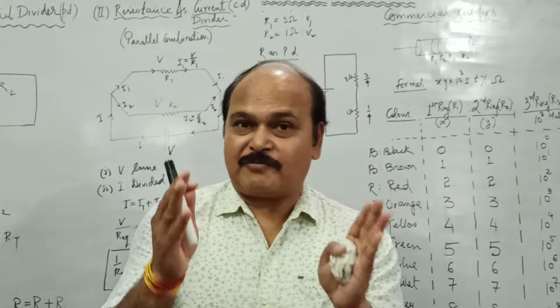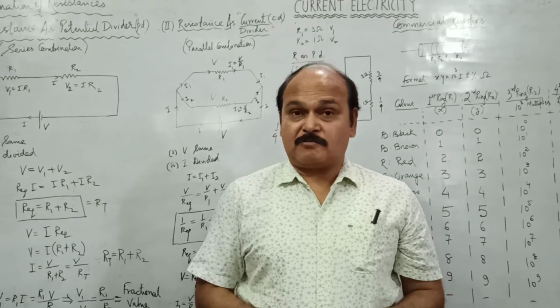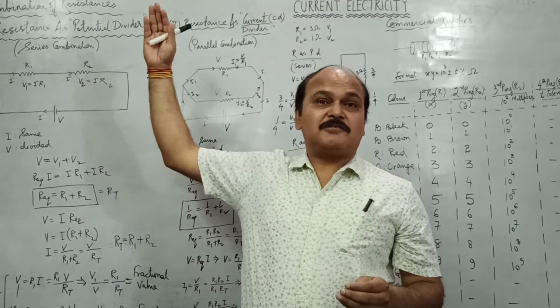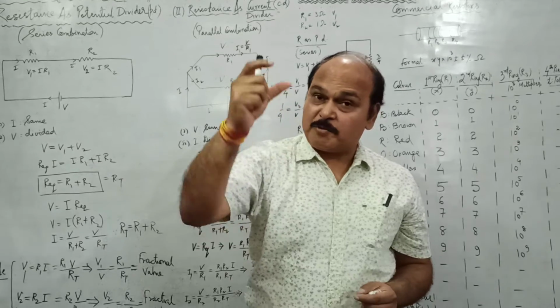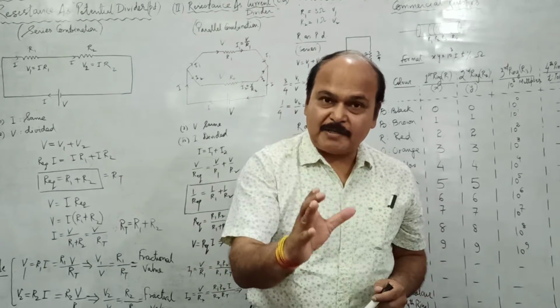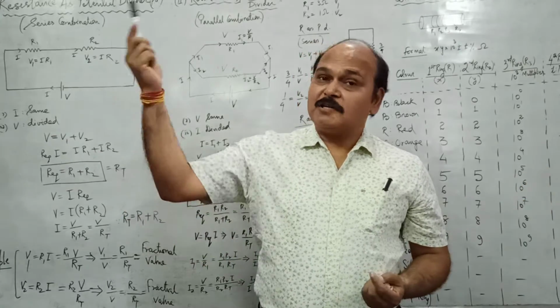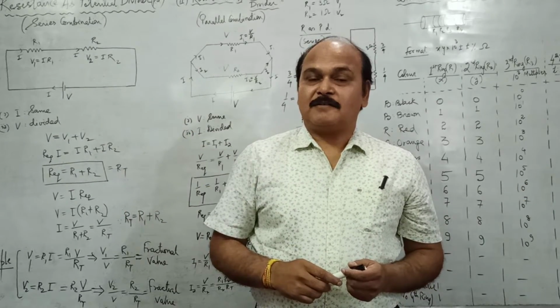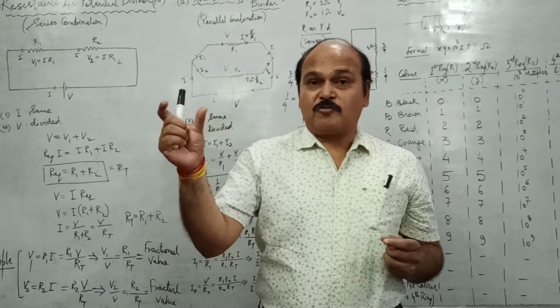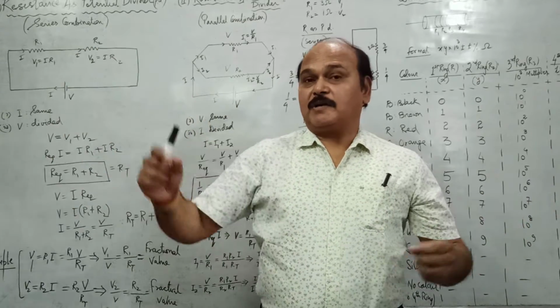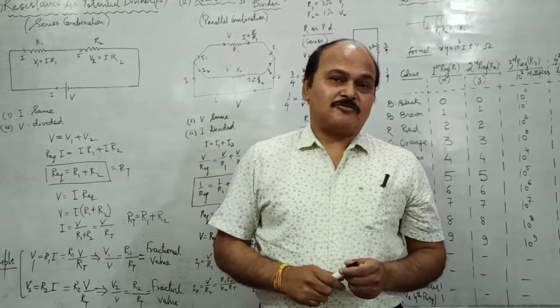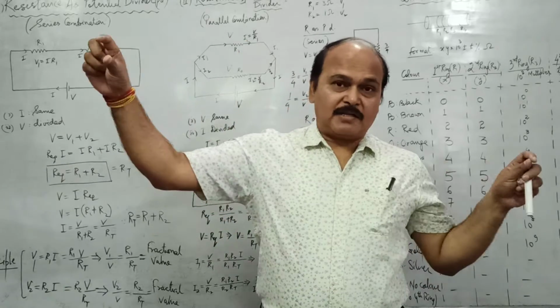So whatever is the fractional value of resistance, this is the principle I am telling you. If there are number of resistances connected in series, across 1/3 resistance there would be 1/3 voltage. Across 1/5 resistance there would be 1/5 voltage, and across 2/3 resistance there would be 2/3 voltage. If there are 10 resistances of 10 ohm connected in series, overall resistance is 100.